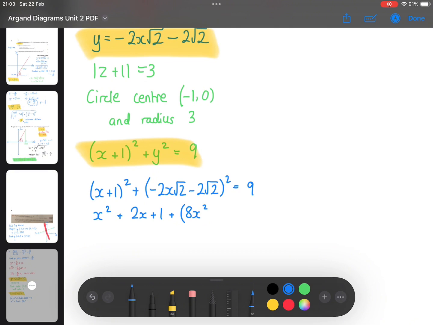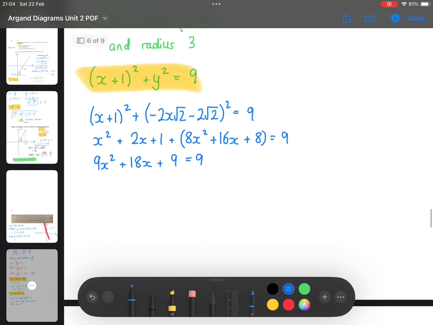So 2 root 2 times 2 root 2 is just 8, and then we're multiplying by 2. So this is going to give us plus 16x. And then we have plus 8 equals 9. So we have 9x squared plus 18x plus 9 equals 9. So 9x squared plus 18x equals 0.